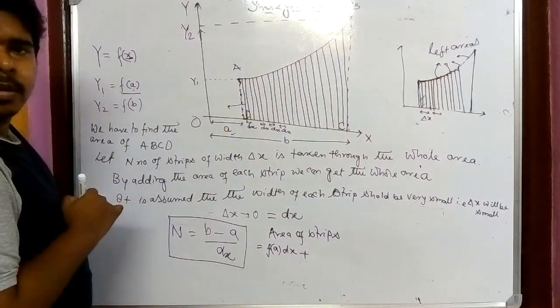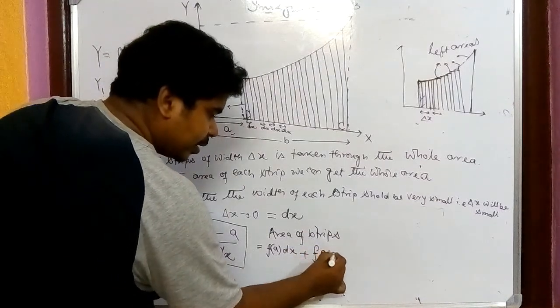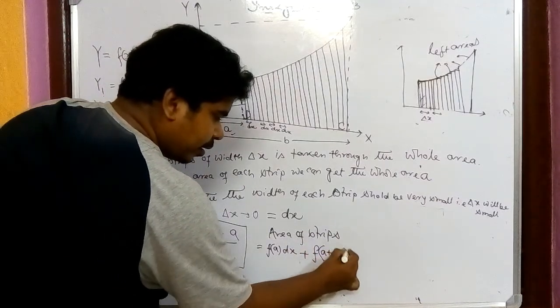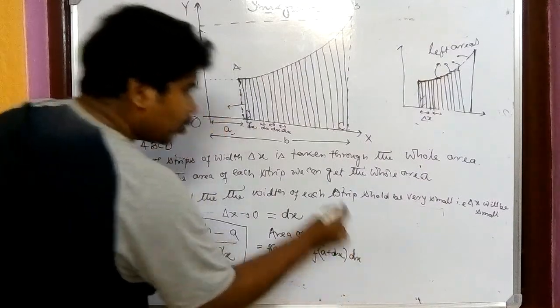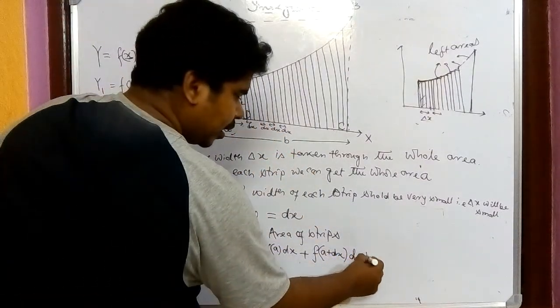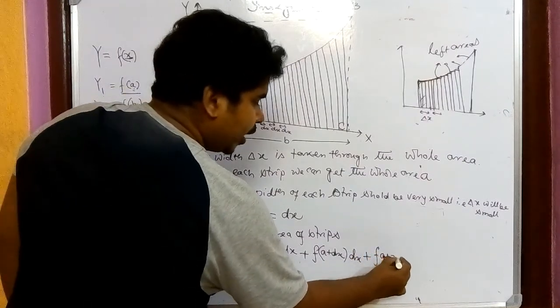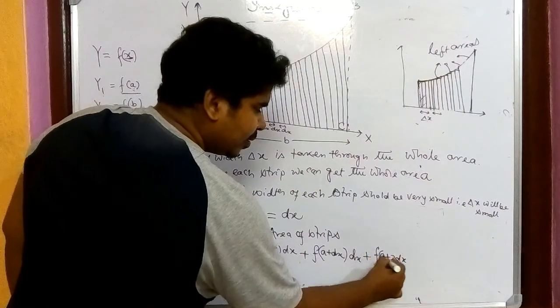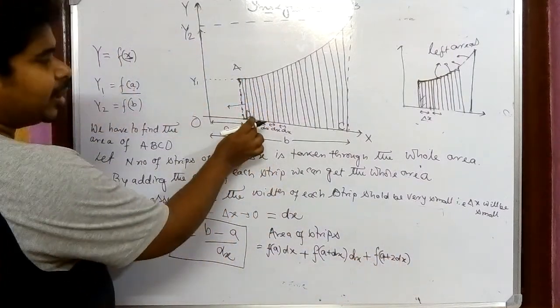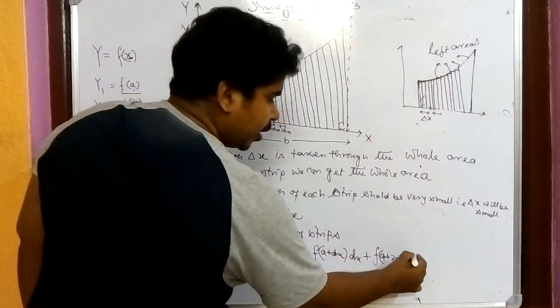So it should be f(a plus dx) into dx, because the width is the same, dx, plus f(a plus 2dx) into dx, because dx, 2dx, 3dx, 4dx.